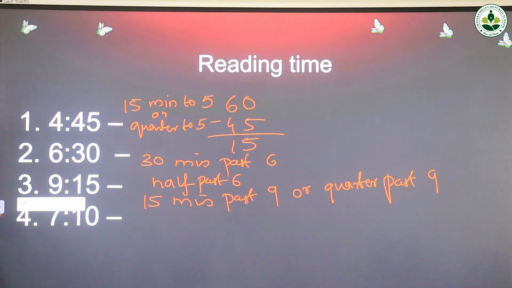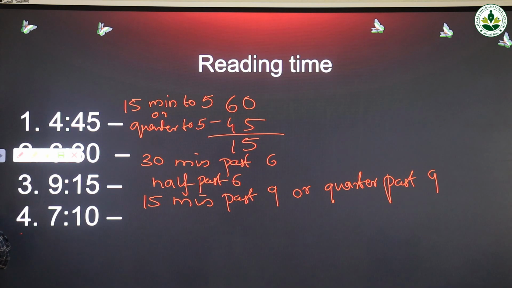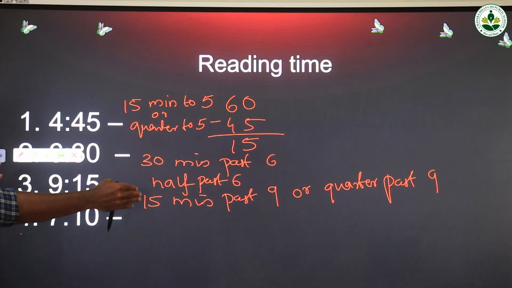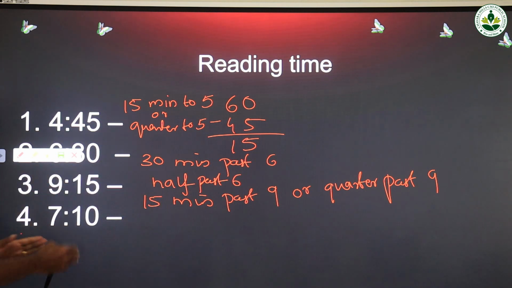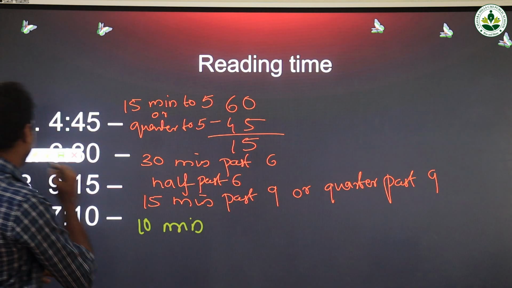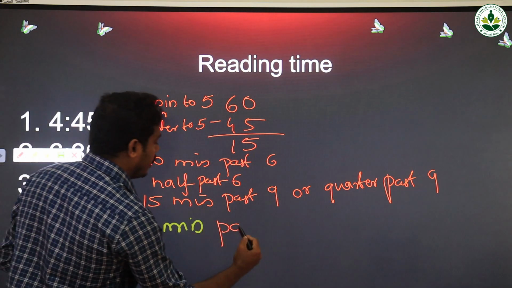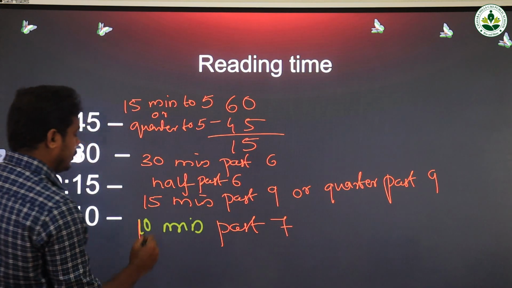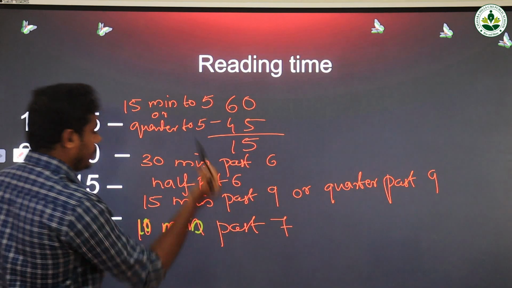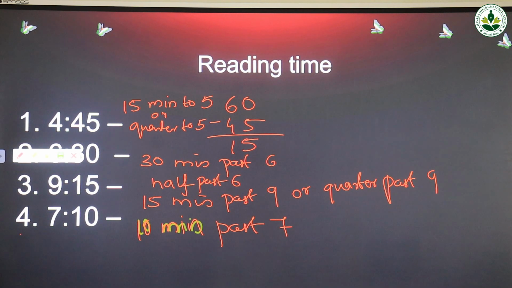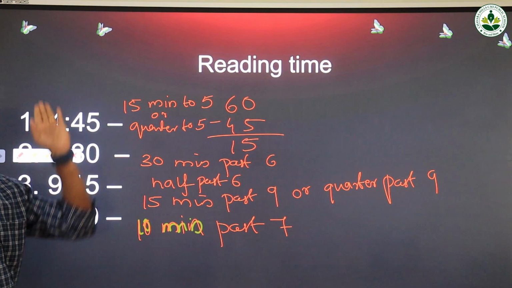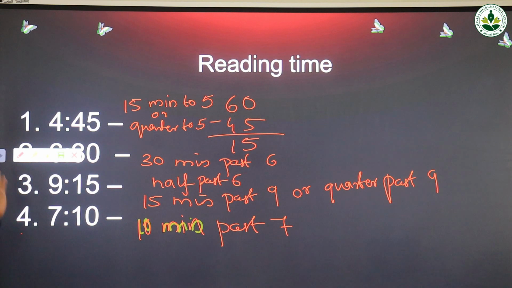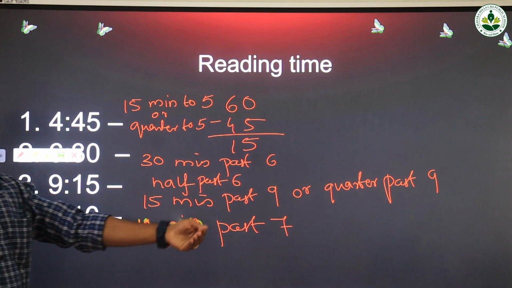And the last one, it is 7:10. I will read this one. 10 minutes means the right half of the clock. 10 means 2. It is on the right half. So we can read it as 10 minutes past 7. The minute hand is on the right half of the clock, so it is past. If it is on the left side, it is to the next hour.